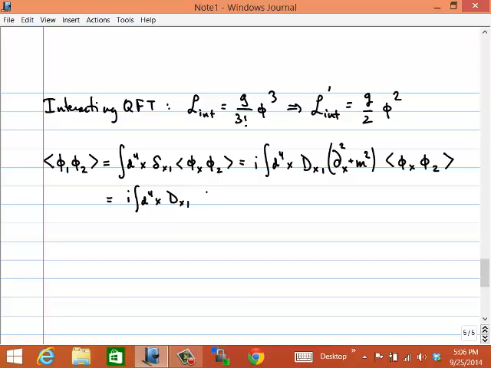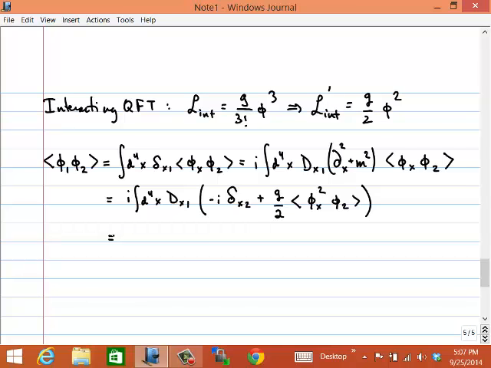And what do you get? Well, you get now a sum of two terms. You get the term that we had before, which was minus i times the delta function that sets x equal to 2. Plus, you have an interaction term, which is the expectation value of phi x squared with phi 2. That's the new term coming from the interaction.